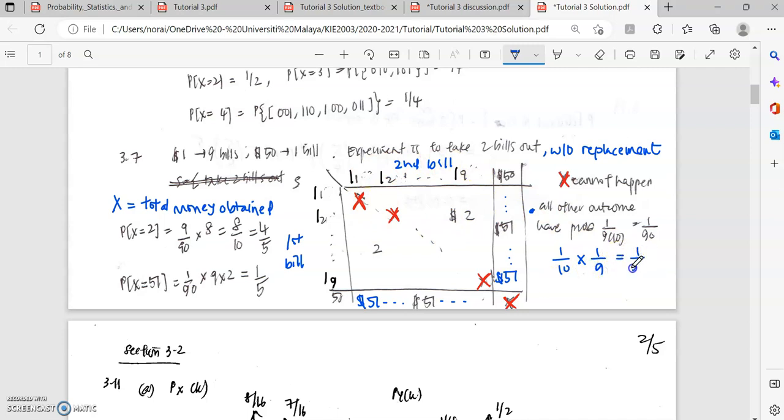This becomes 1 over 90. So to get the first $1 bill and on the next draw the second $1 bill, the probability is 1 over 90. A $50 bill at the first draw and another $1 bill on the second draw also has probability 1 over 90.